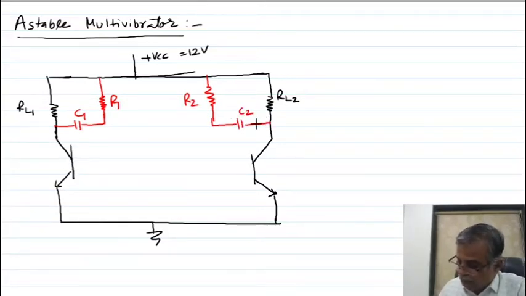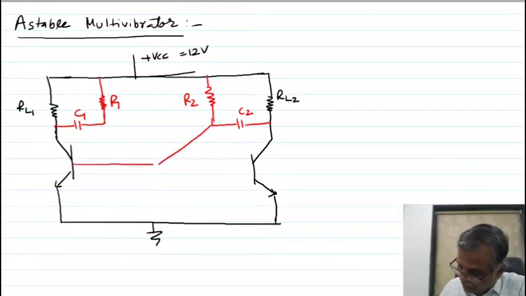The output of this stage is connected to the input of the first stage. Look here, this output is connected to the input. You can see it is connected like this.